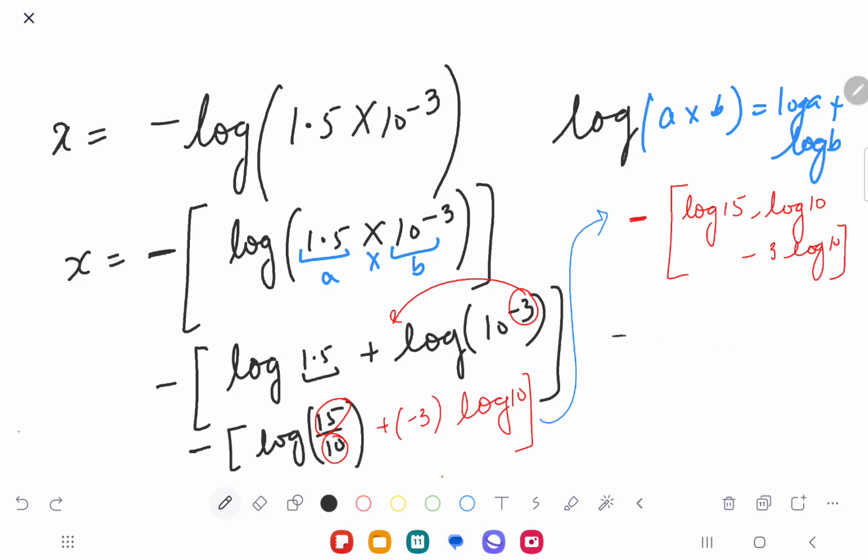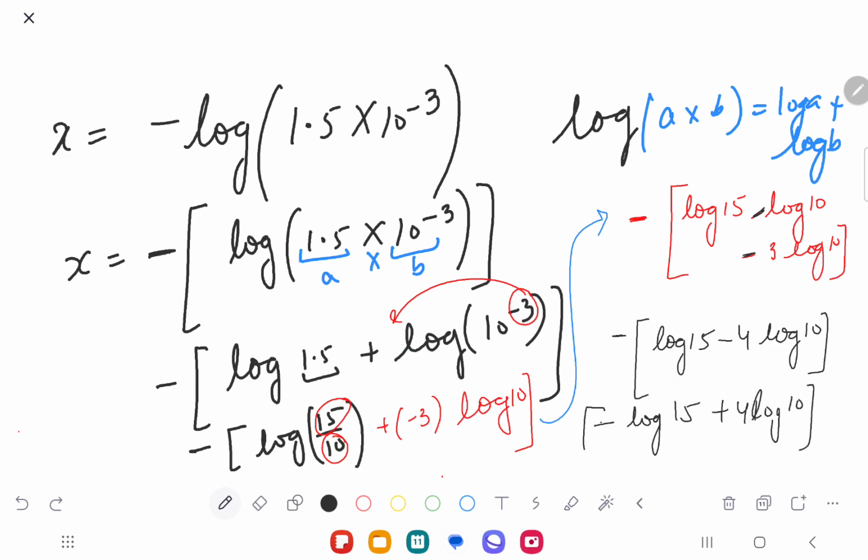So what do you think we have? We have a minus sign and we have log 15, and minus becomes minus 4 times log 10. You understand? Now put in the values. The minus goes inside, so it becomes minus log 15 plus 4 times log 10. You understand?